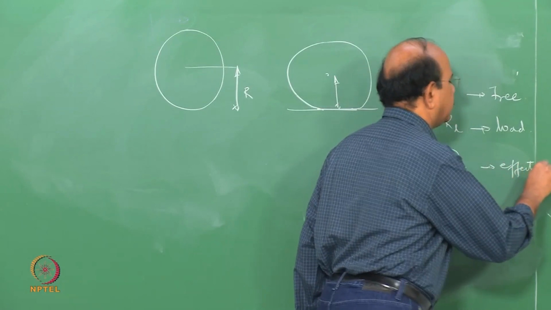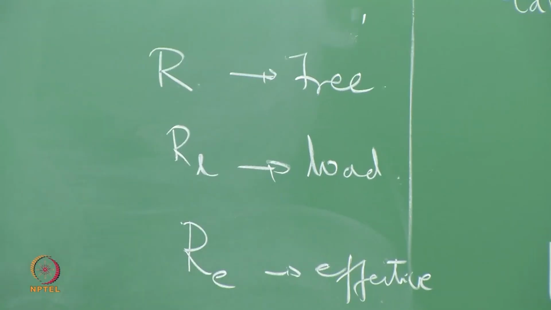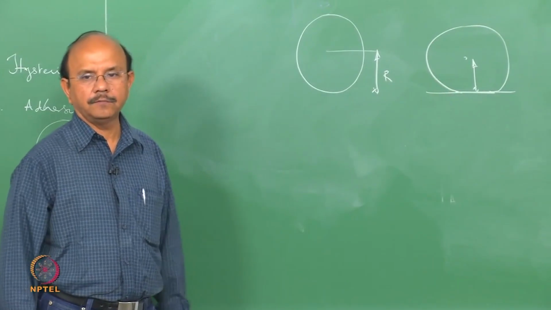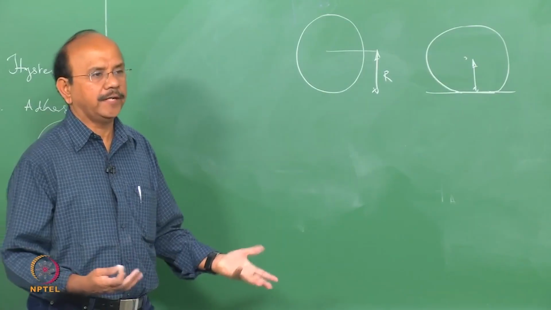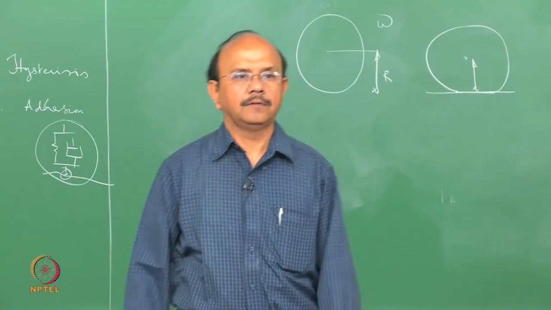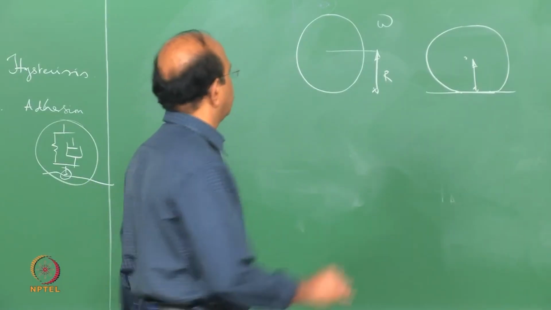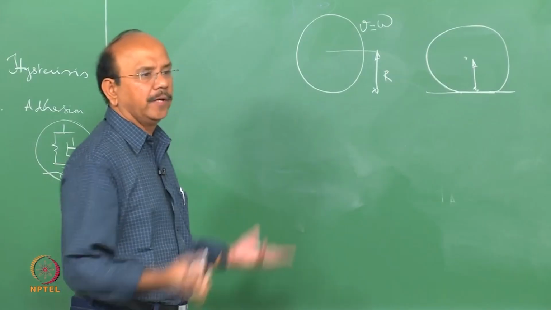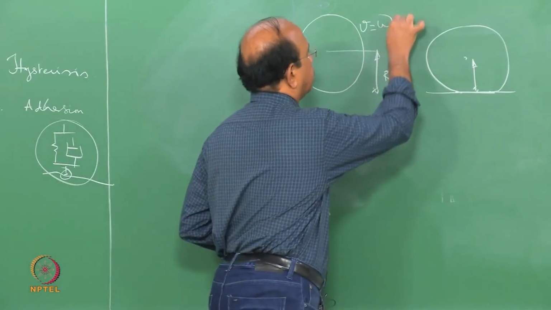What is effective radius? Very simple. If this wheel is not deformed, and it just rotates with an angular velocity omega, then the tangential velocity v is given by omega into r.